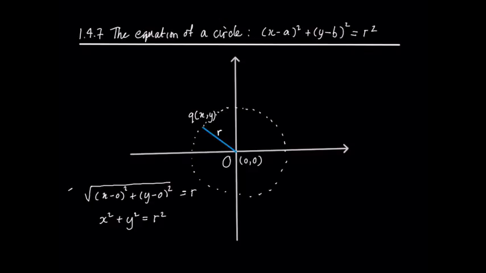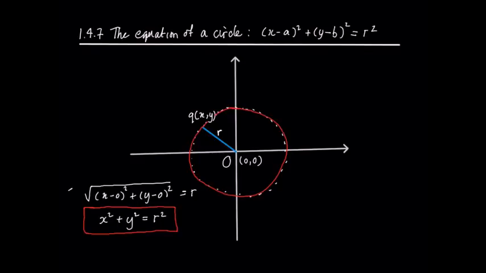So let's just join these dots together, and you can see that that's a circle. So in fact, what we've written here, x squared plus y squared equals r squared, is the equation of a circle with radius r centered on the origin.